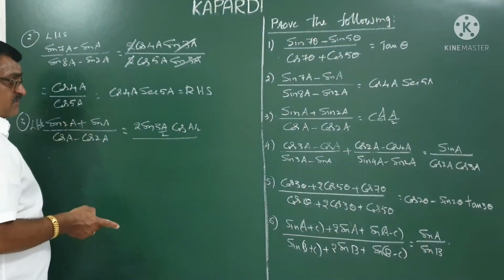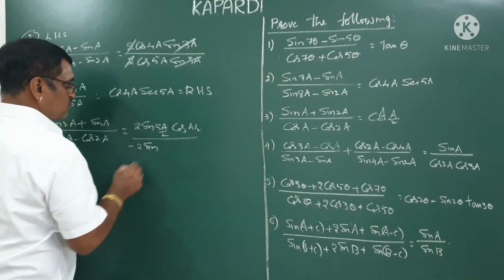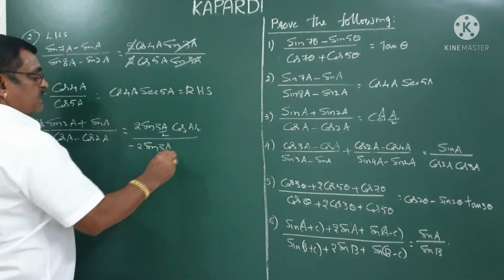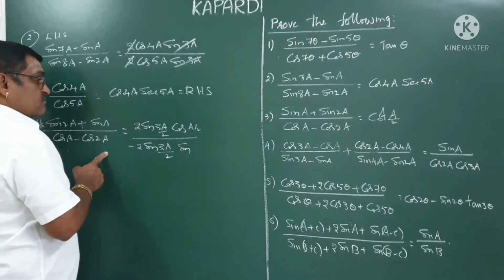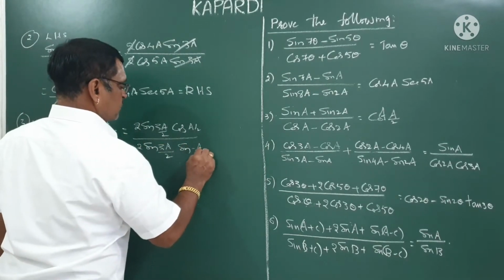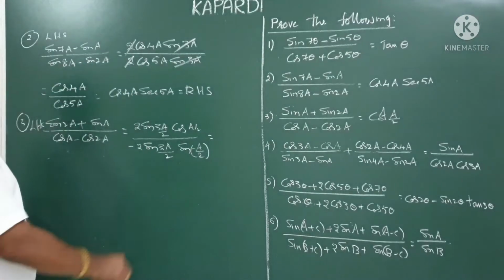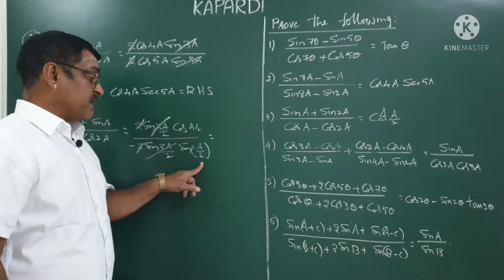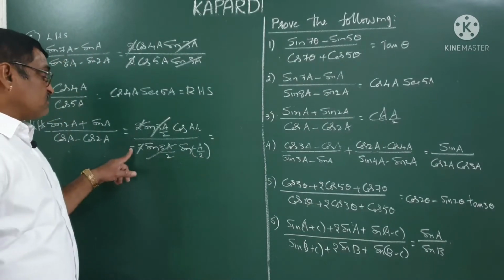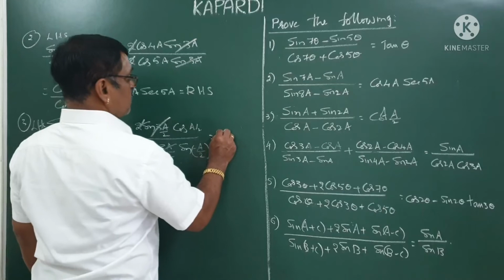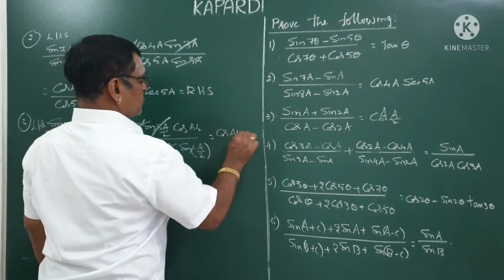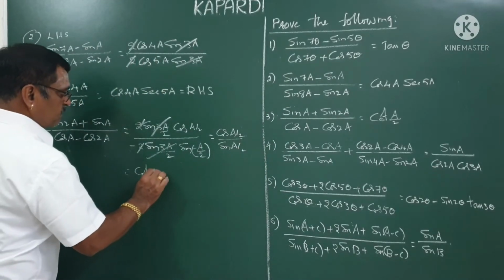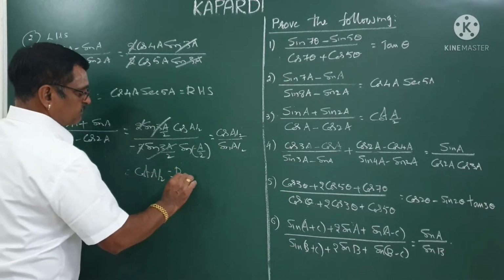Now cos c minus cos d formula, you have minus 2 sin of (a plus 2a) by 2, 3a by 2, and sin of (a minus 2a) by 2. Now these two cancel, and sin of minus theta is equal to minus sin theta, so that minus and this minus will become plus. So we have cos a by 2 over sin a by 2, of course we get cot a by 2, which is my RHS.